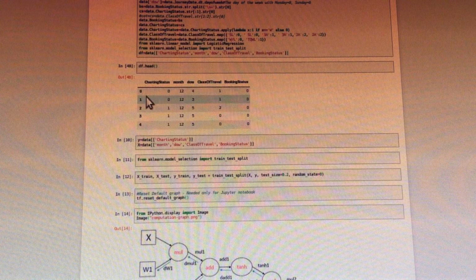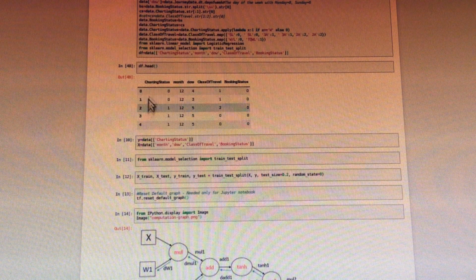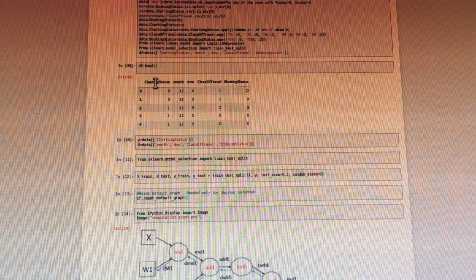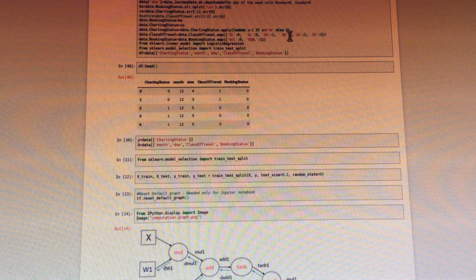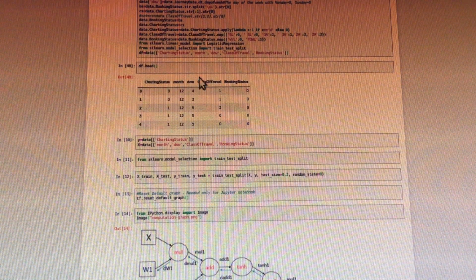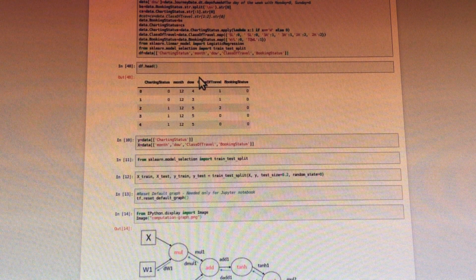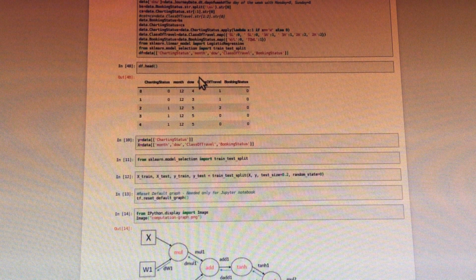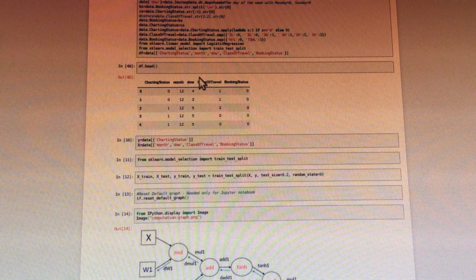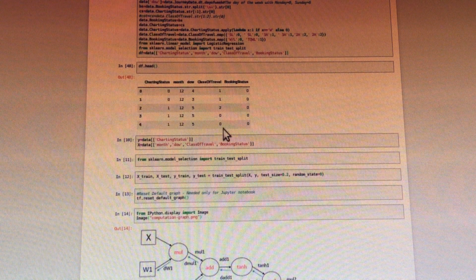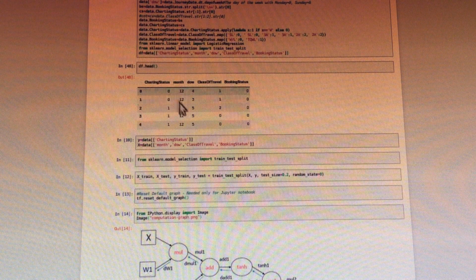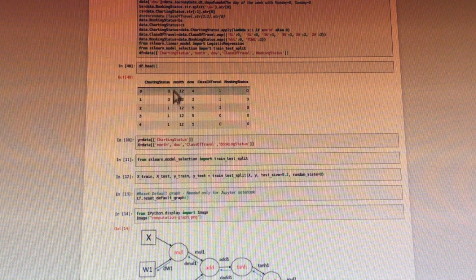So our target is to get the charting status, that is waiting or confirmed. So we need to build a single layer neural network to predict whether the booking is confirmed or still waiting using these four features.